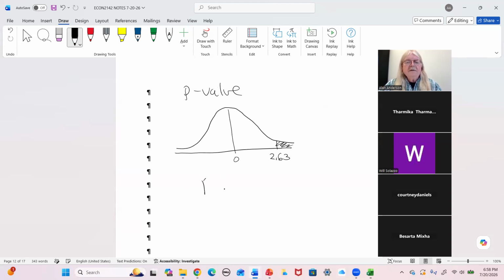So we're looking for the probability that t is greater than or equal to 2.63. We go to second vars, 6, tcdf.